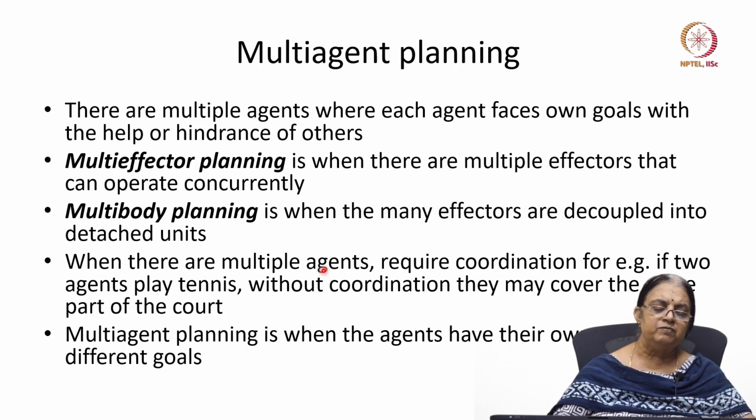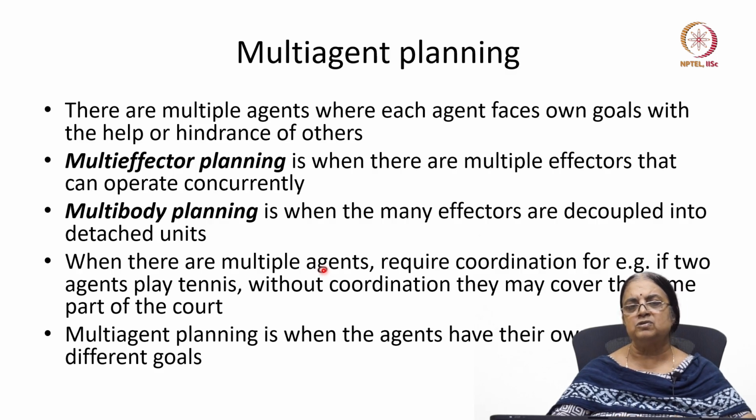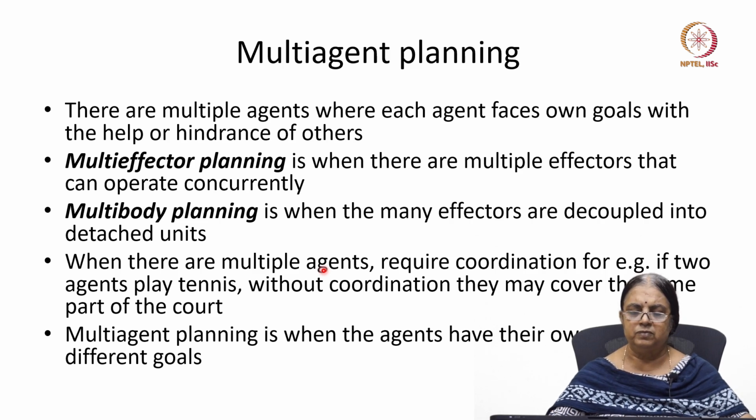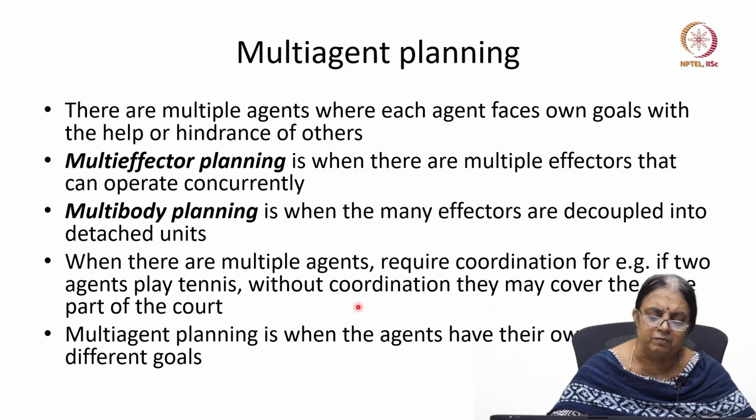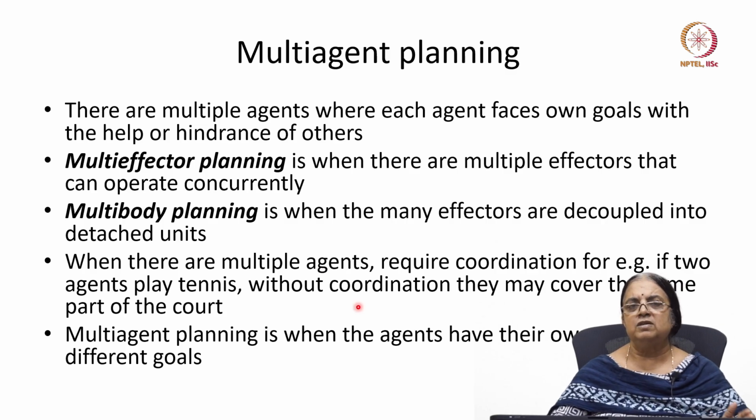For example, if two agents are playing tennis with each other, there needs to be coordination because you need to cover different parts of the court. Maybe one has to cover the left of the court and another the right, or one has to cover the back of the court and the other the front. So there should be some coordination between agents.